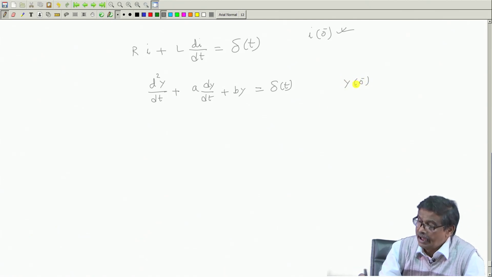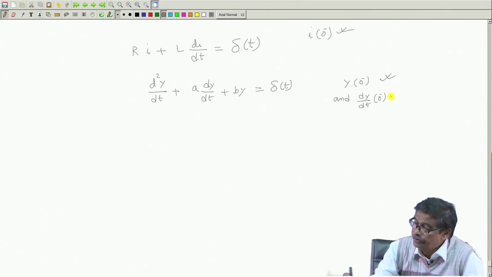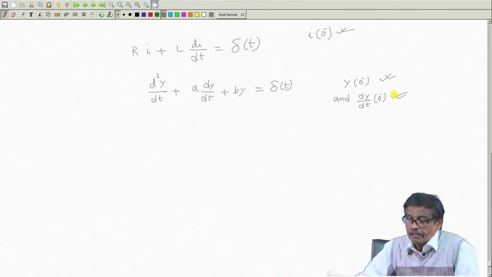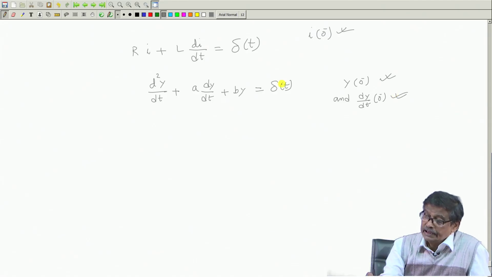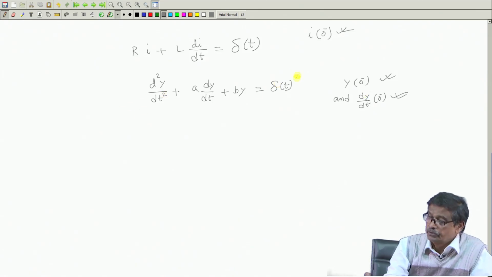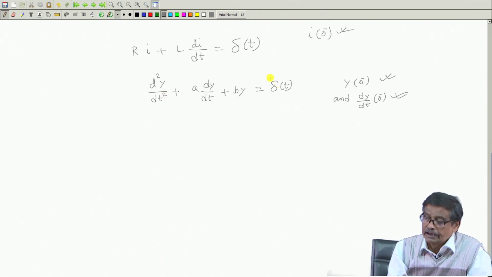These values must be known, then only I can completely solve the circuit. An impulse function is of no help as it is, so what I will do is first multiply with dt to make it a finite thing.